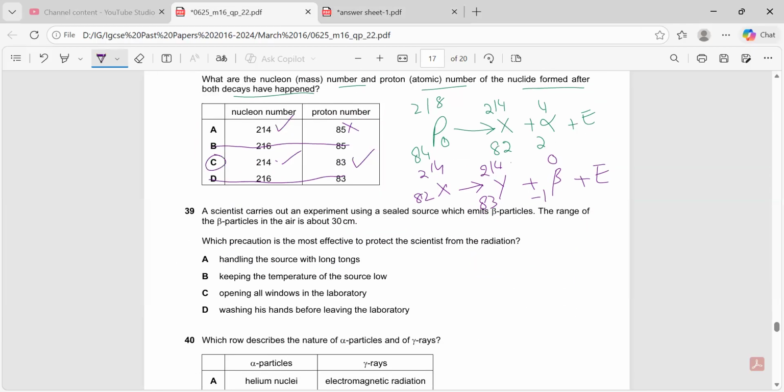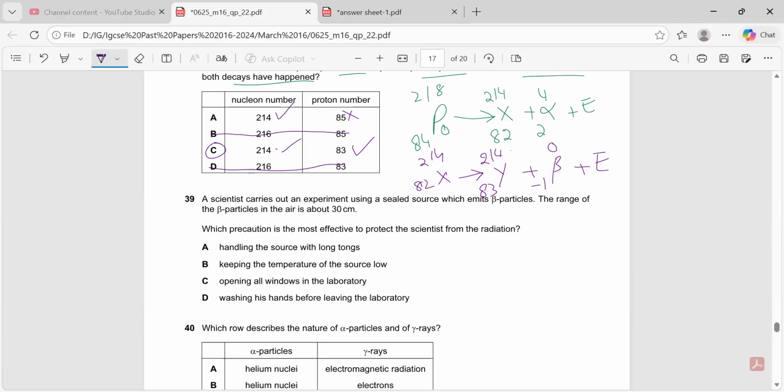Now question number 39. A scientist carried out an experiment using a sealed source which emits beta particles. The range of the beta particles in the air is about 30 centimeters.